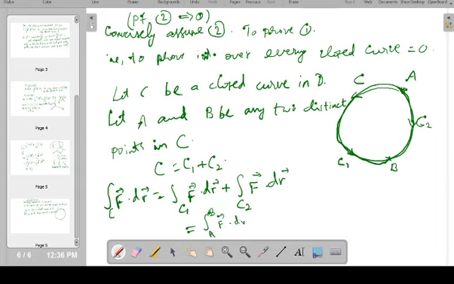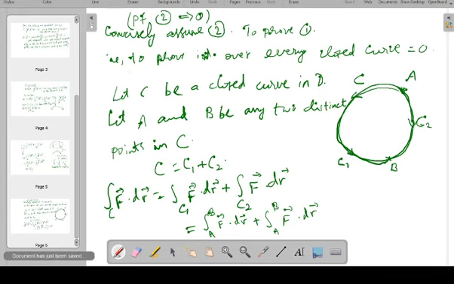Plus the integral over C2, that is also A to B f dot dr. Oh, it's a small mistake. The earlier choice of C2 was right. C2, I am choosing with the initial point B and final point A. See, we should make mistakes, then only we learn.